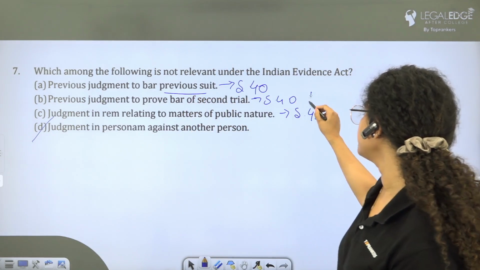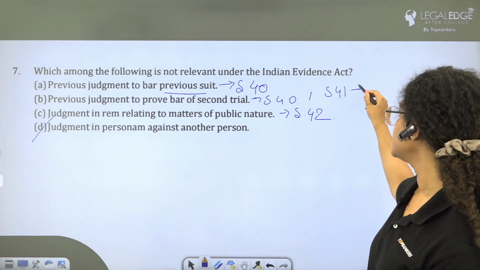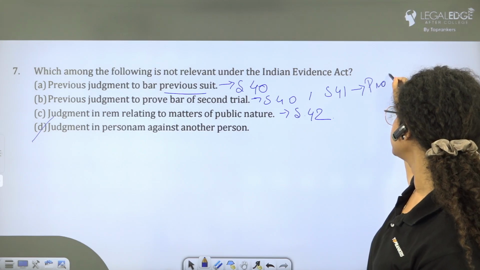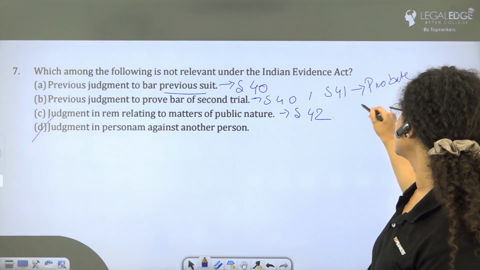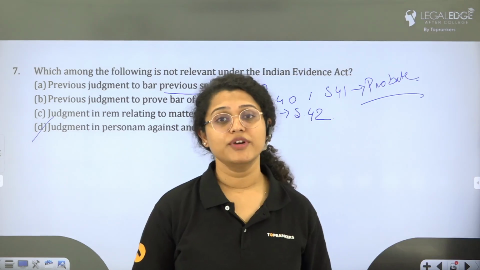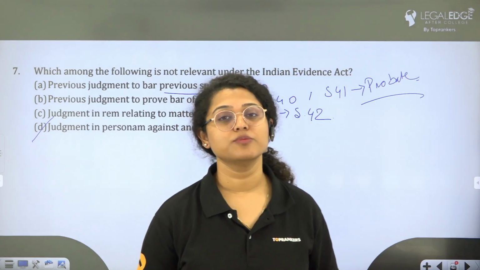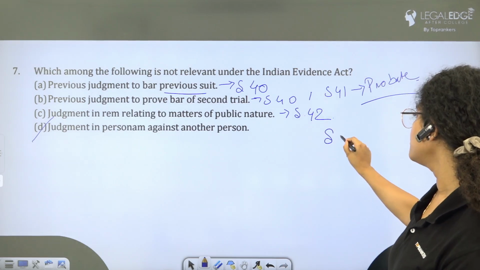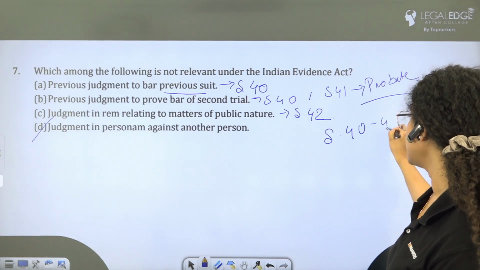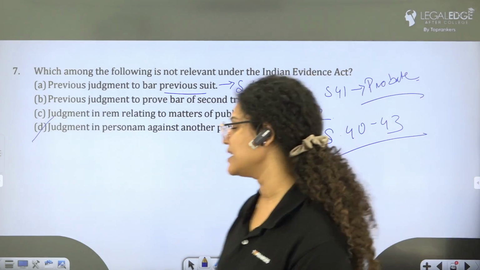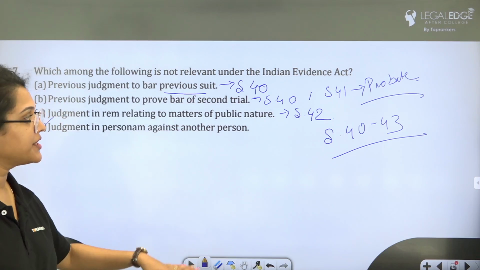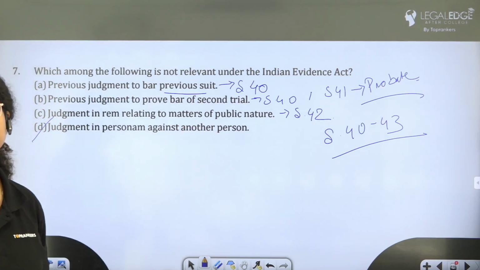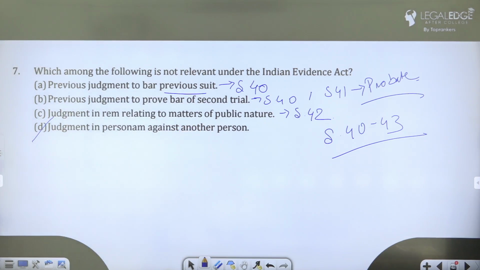Here Section 41 talks about probate, admiralty, etc. jurisdiction, which are also judgments in rem, which bar a subsequent trial or a second trial. So Sections 40 to 43 of the Indian Evidence Act bar certain kinds of trials, and that does not include a judgment which is in personam in nature.